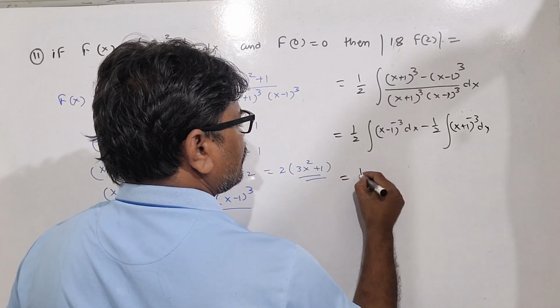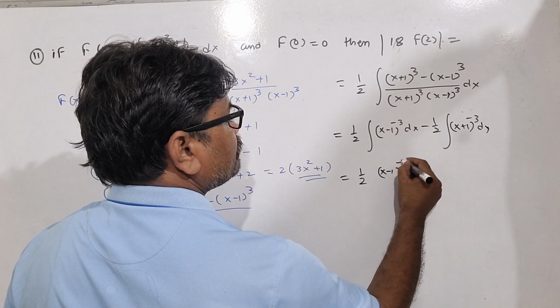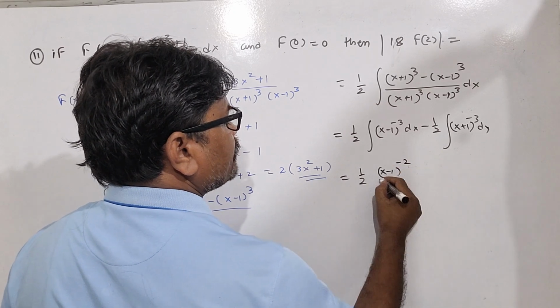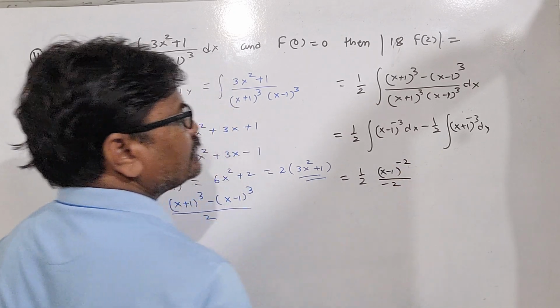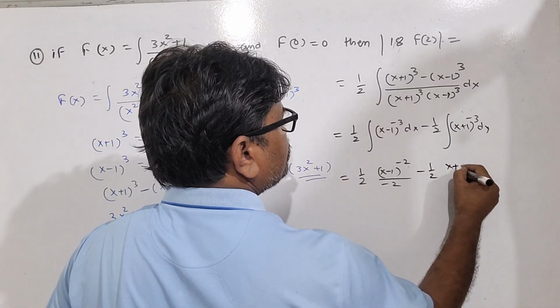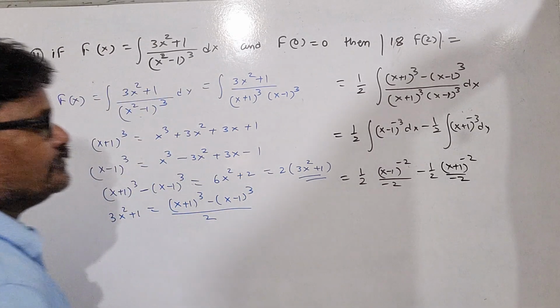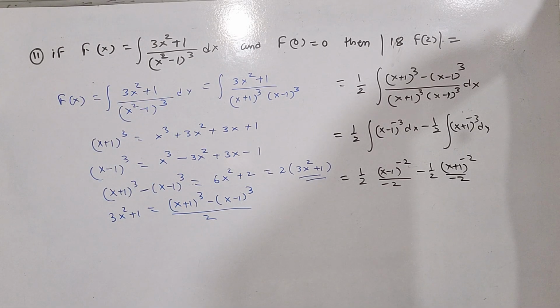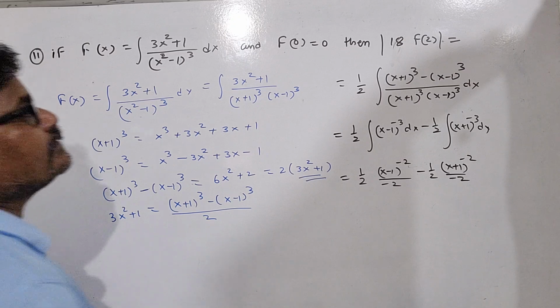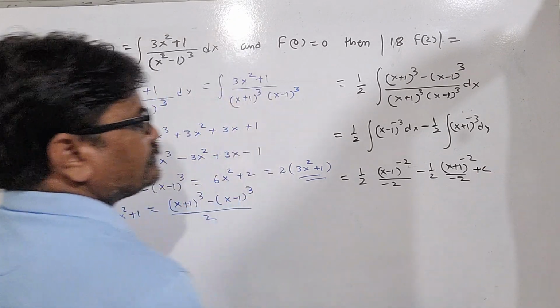So this is half (x − 1) to the power −2 divided by −2, minus half (x + 1) to the power −2 divided by −2. Okay, fine. And of course plus c, correct?